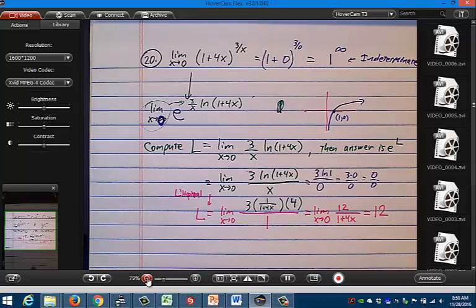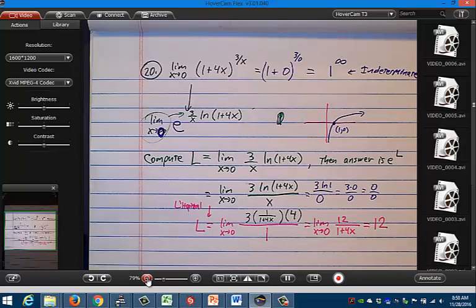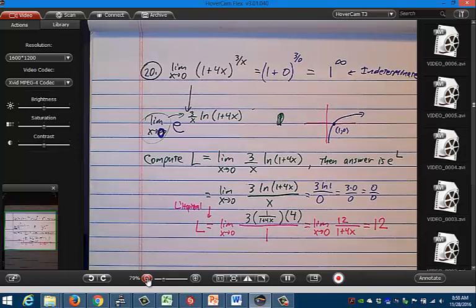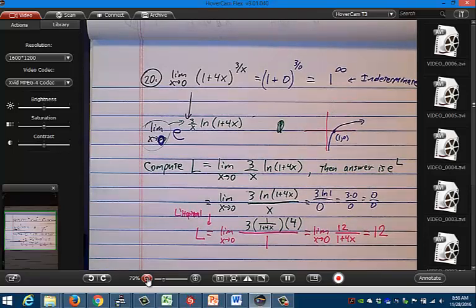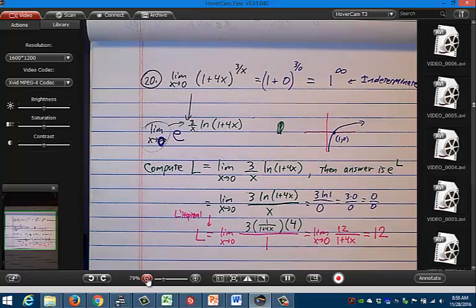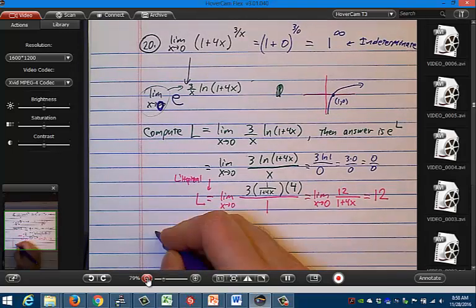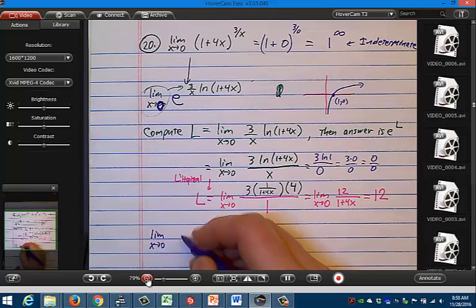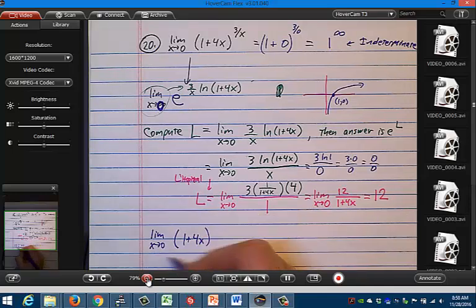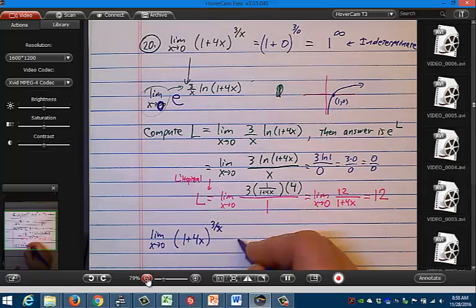So what's the answer to the original problem? The original problem will have the answer e to the 12th. That's ridiculously large. And I'm about to put Desmos to the test. The limit as x approaches 0 of 1 plus 4x to the 3 over x power must be e to the 12th.